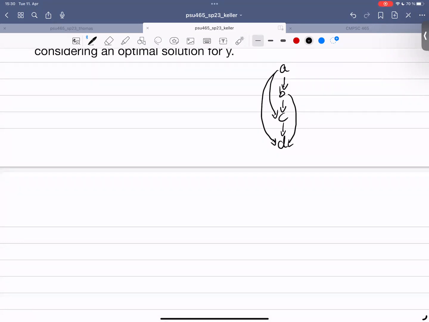The way we solve such a subproblem graph in dynamic programming is bottom up, meaning in this direction. So this is what it means to solve this whole thing bottom up.